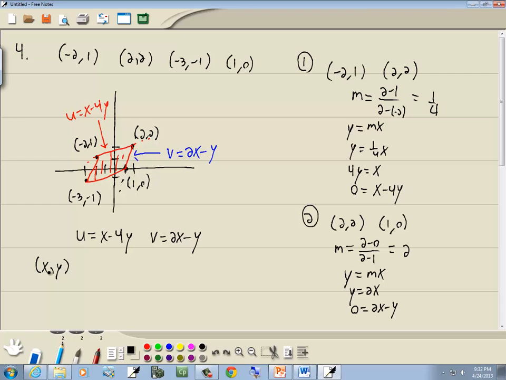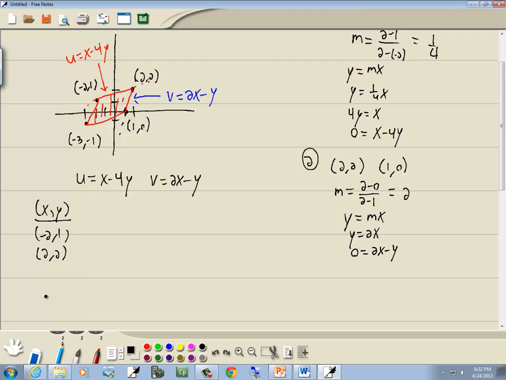So we're going to write down our points, which are (-2, 1), (2, 2), (-3, -1), and (1, 0). And u is equal to x minus 4y, and v is equal to 2x minus y.